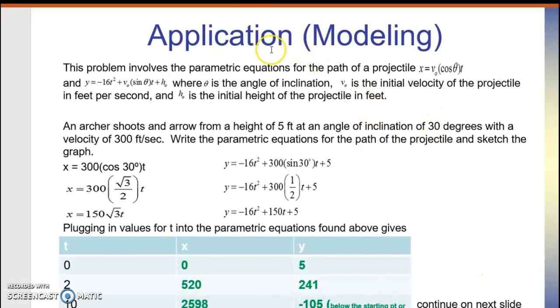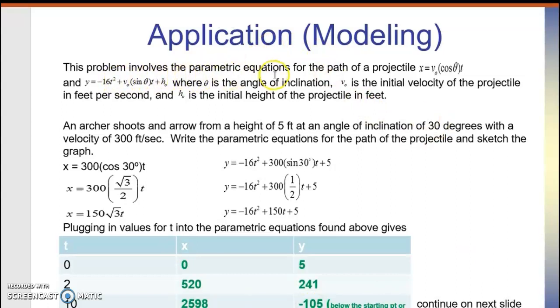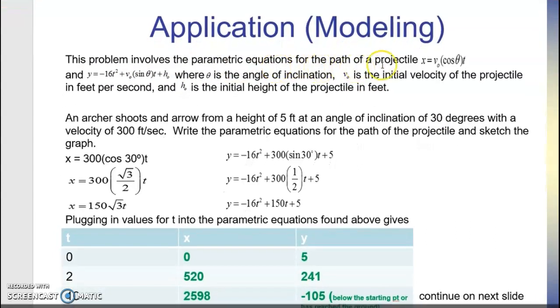Looking at an application problem. This problem involves the parametric equations for the path of a projectile, so anything projecting in the air. In that situation, because of the force of gravity, x equals v sub 0, which is the initial velocity, times the cosine of the angle times t.